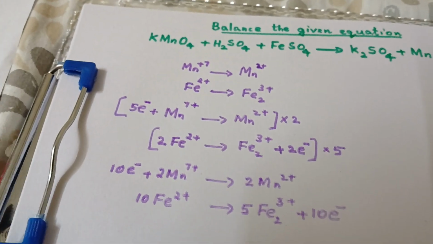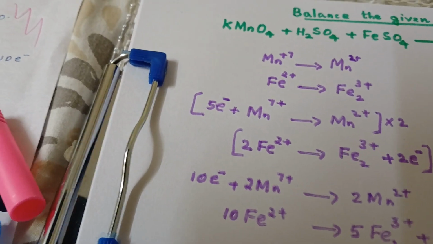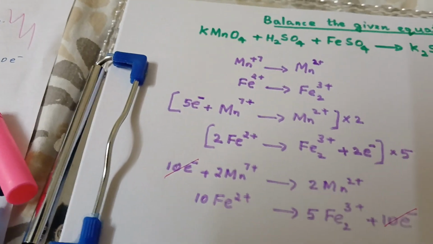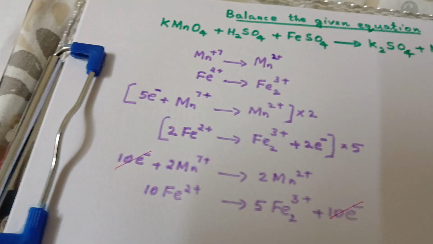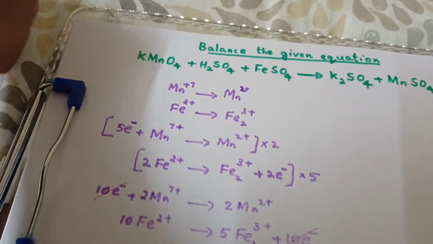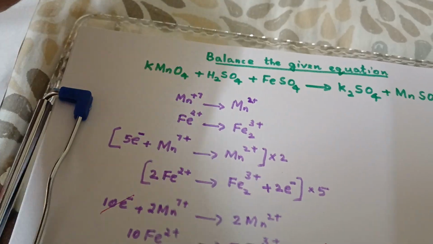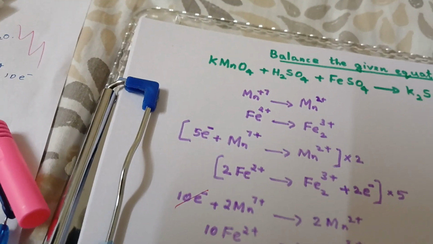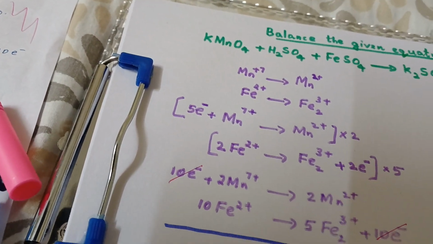Now we can cancel out these 10 electrons. Both sides have 10 electrons. So we have cancelled them. Let us now add these equations.